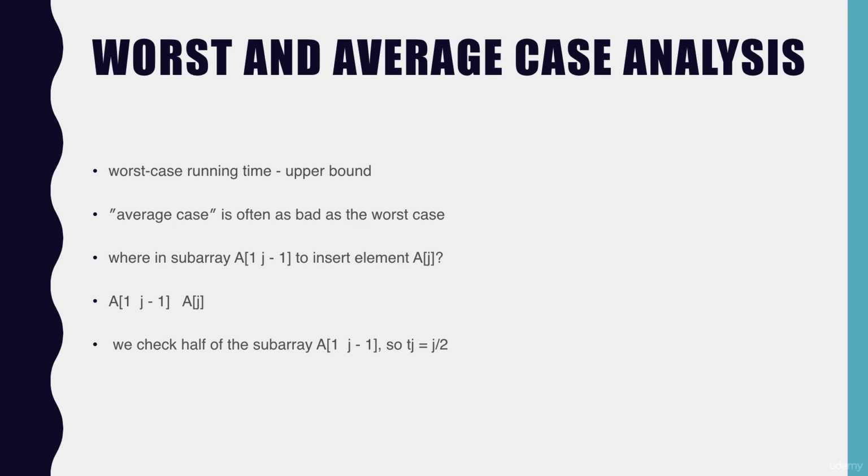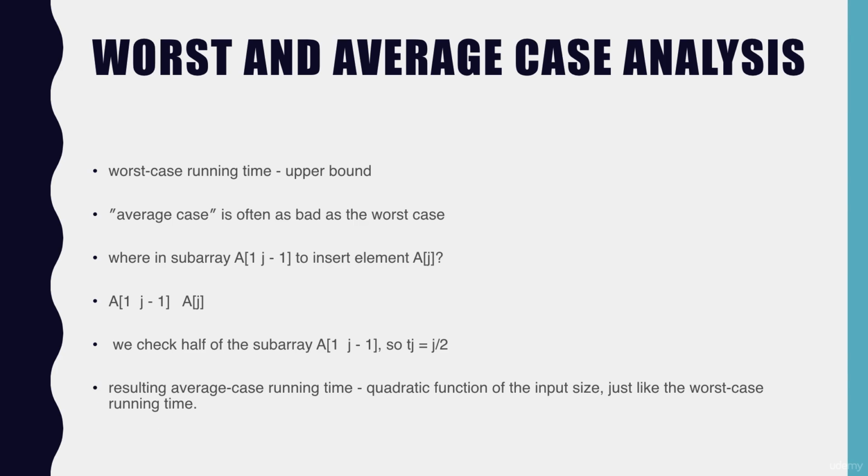On average, therefore, we check half of the subarray A[1 to j minus 1]. So, Tj is equal to j by 2. If we work out the resulting average case running time, it turns out to be a quadratic function of the input size, just like the worst case running time.